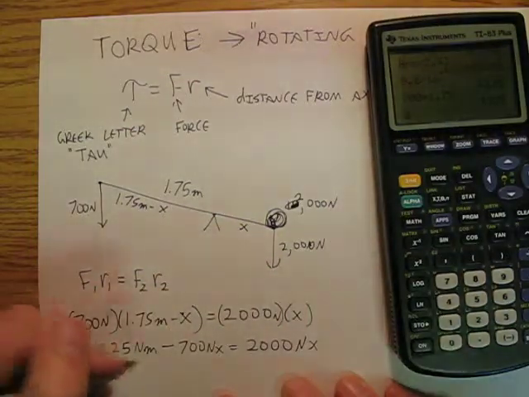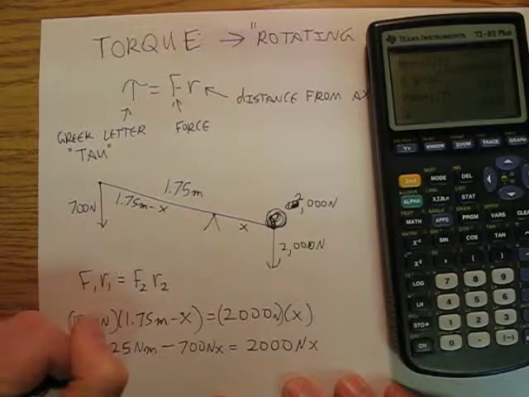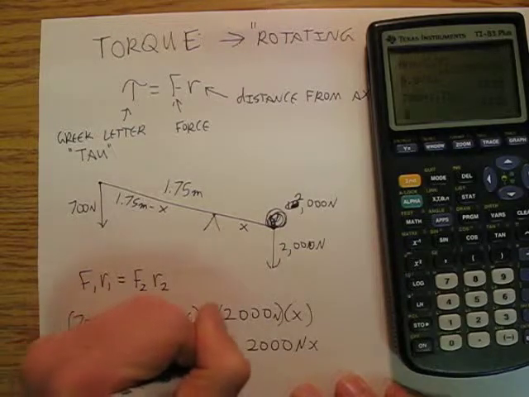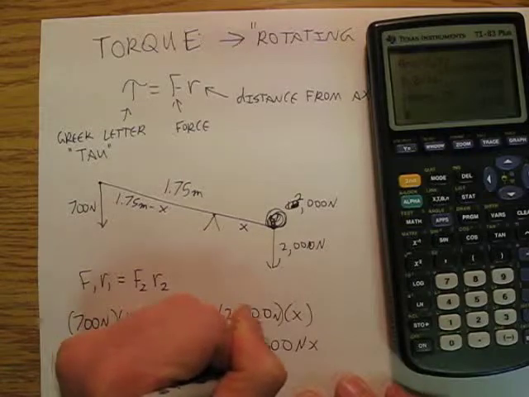So I have 1,225 Newton meters equals 2,700 newtons x.